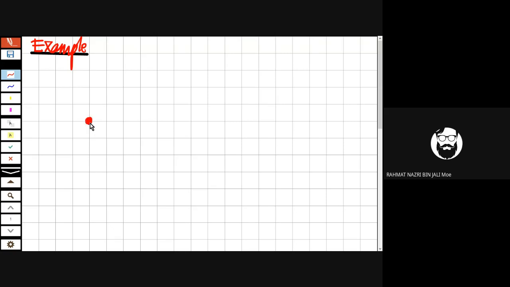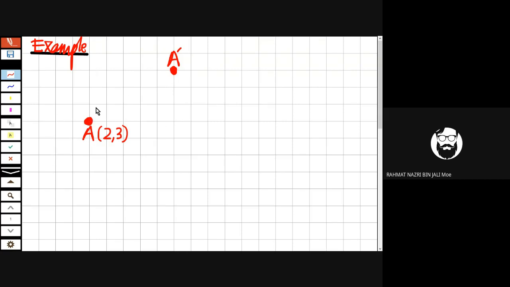Satu titik di sini saya bagi titik A dengan koordinat 2, 3. Kemudian saya bagi image kepada A berada di sebelah kanan dan di sebelah atas objek. Soalannya ialah determine the coordinate of image.